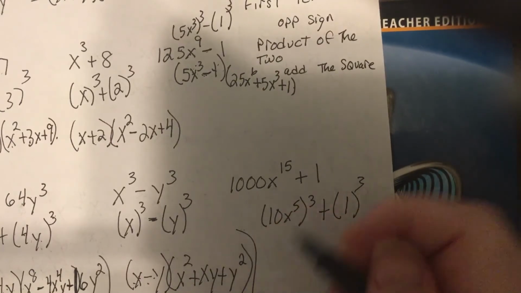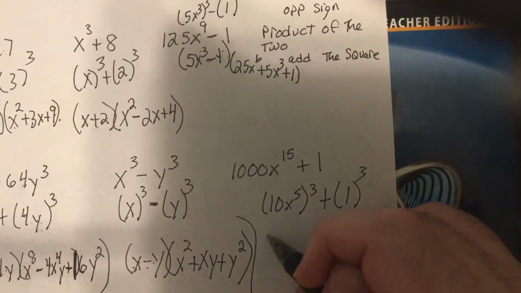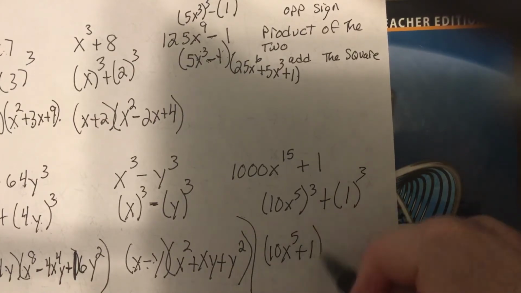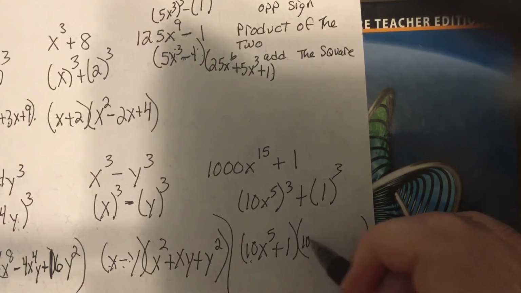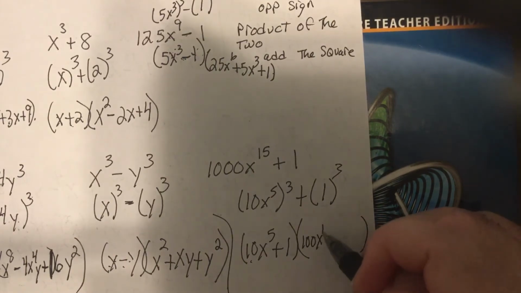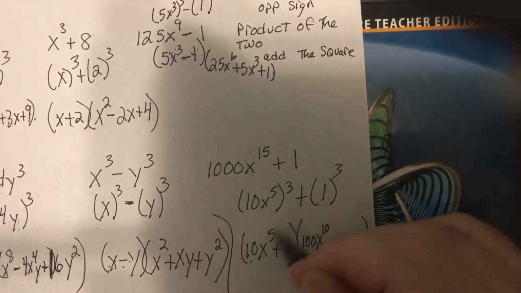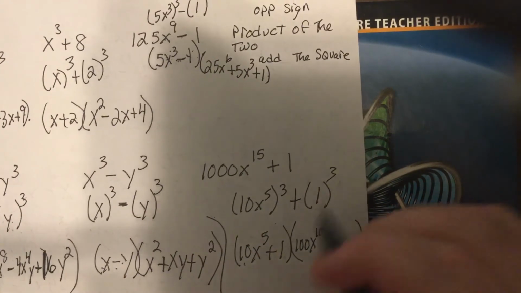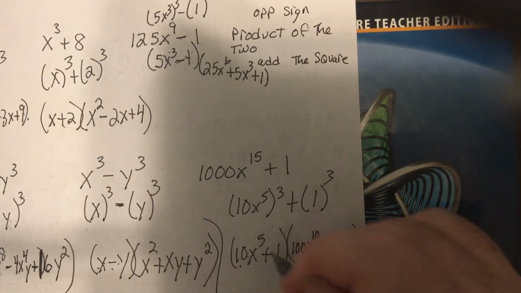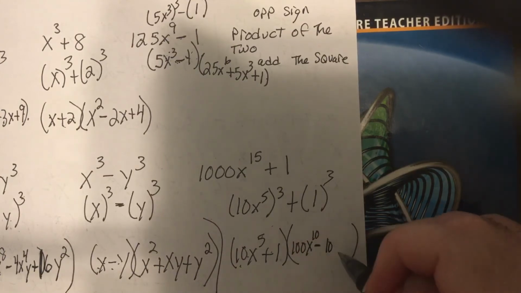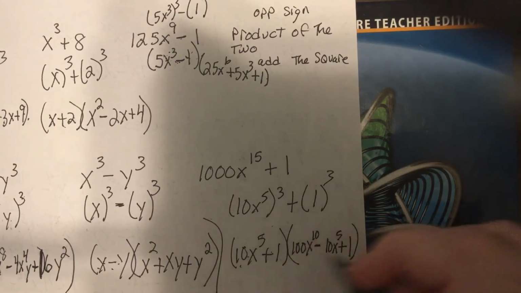So again, first write it without the cubes. Then square the first term. So that'd be 100x to the 10th. Holy cheese. Because whenever you raise a power, you multiply the powers. 10 squared is 100. Opposite sign. Product of the 2, 10x to the 5th. Add the square. 1 squared is 1.